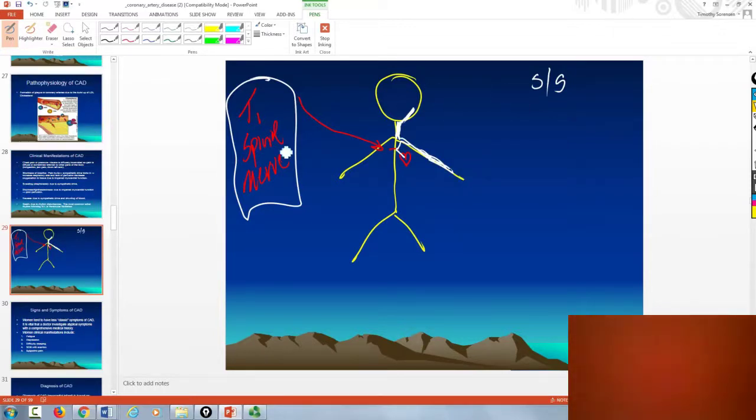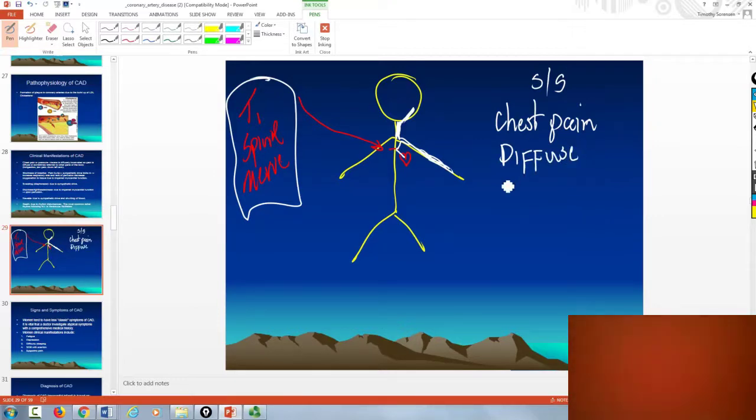So one of the classic signs is obviously chest pain. Now, these people aren't going to be able to point to it because the guts are innervated differently than your skin. So the chest pain that they're going to describe is kind of diffuse. It's kind of spread out.